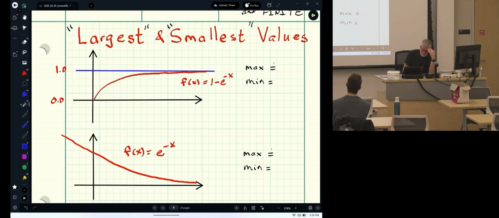I have f of x is 1 minus e to the minus x. What's its maximum value as x goes to infinity? 1. Okay.